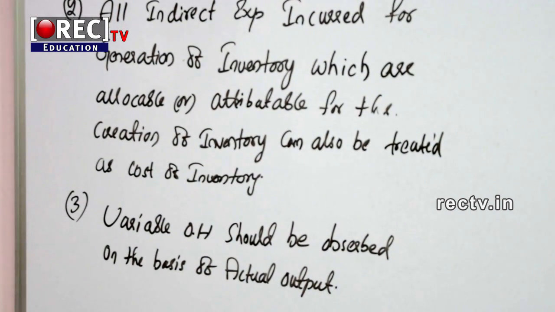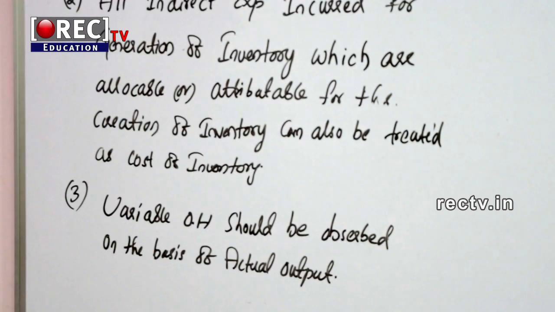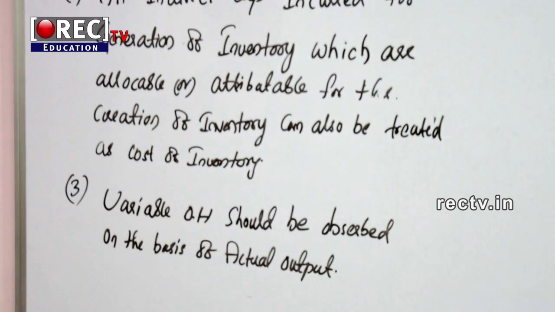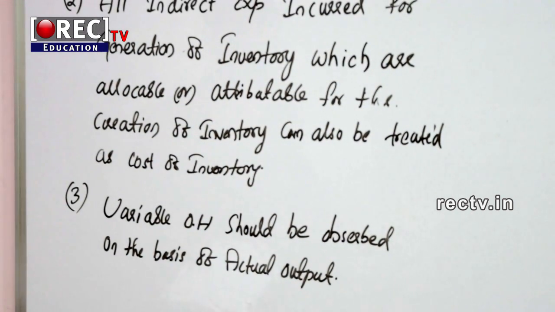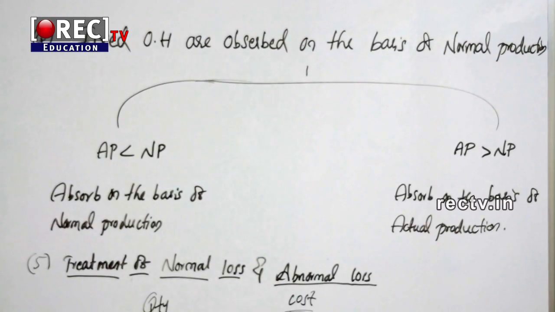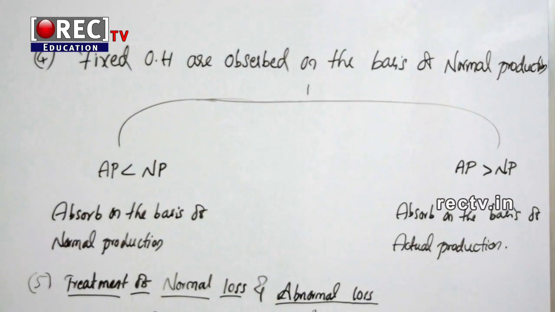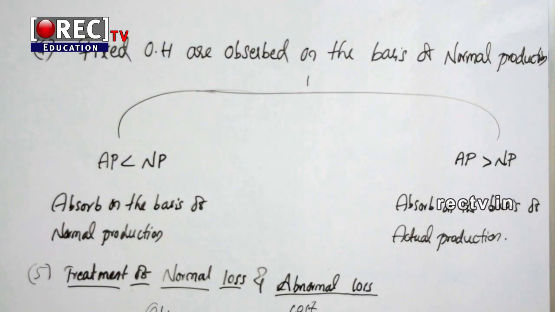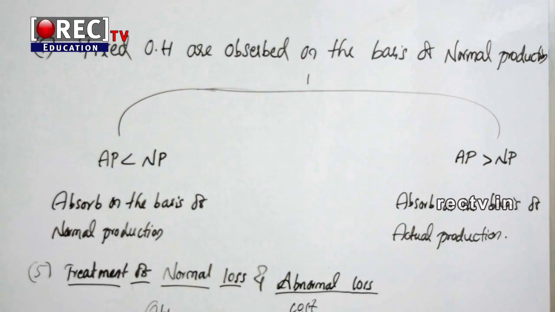Now, variable overheads should be absorbed on the basis of actual output. So variable overheads are absorbed by the actual output, and fixed overheads are absorbed on the basis of normal production.